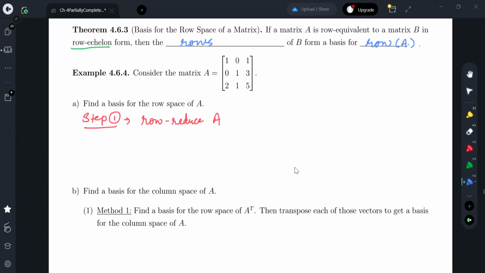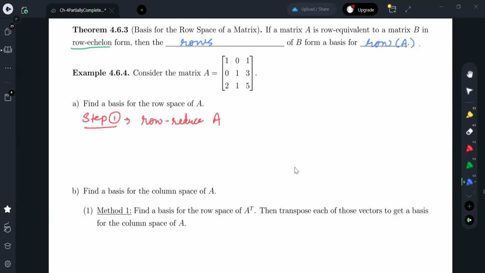What if this row is a linear combination of these two? I want to get out all the extra rows which can be made from the other rows of the matrix. That's what we're trying to do, right? Basis is the collection of linearly independent things. So we are getting rid of the extra rows which can be made zero.